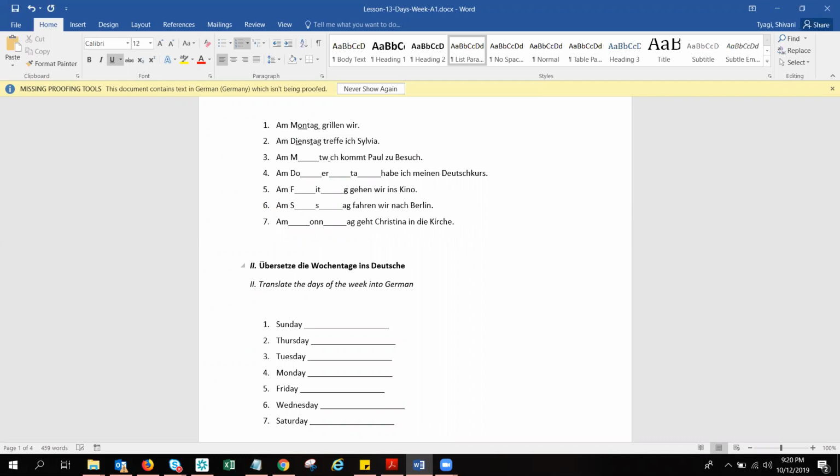Sylvia is a name. Okay, next is Mittwoch. Mittwoch, on Wednesday kommt Paul zu Besuch. Whenever it is written zu Besuch, that means to visit. So kommt is to come.